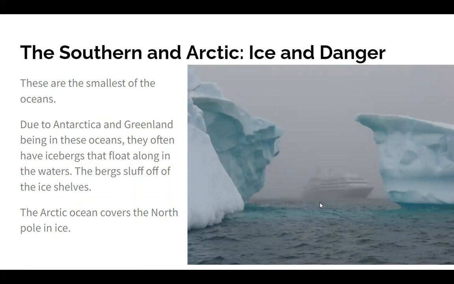So the Arctic Ocean is the ocean near the North Pole, and the Southern Ocean, this makes sense, is the one that surrounds Antarctica near the southern portion of the Earth. They are cold, of course.